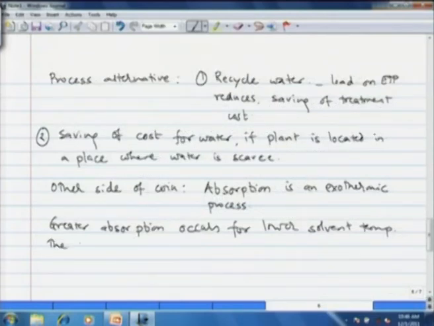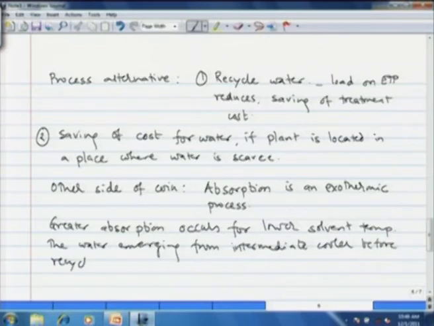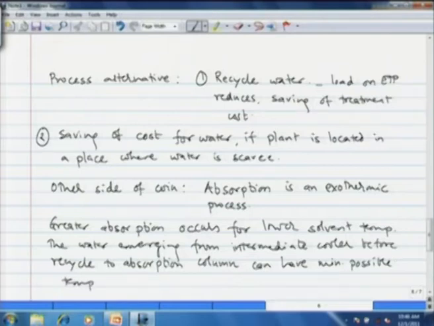the water emerging from intermediate cooler before recycle to absorption column can have minimum possible temperature of 100 degrees Fahrenheit.